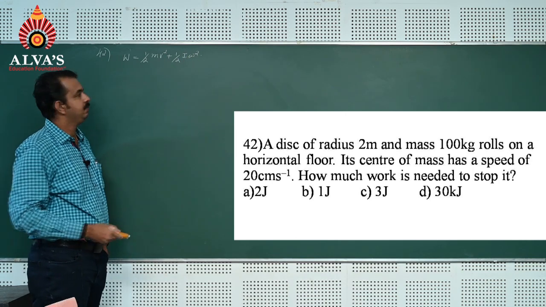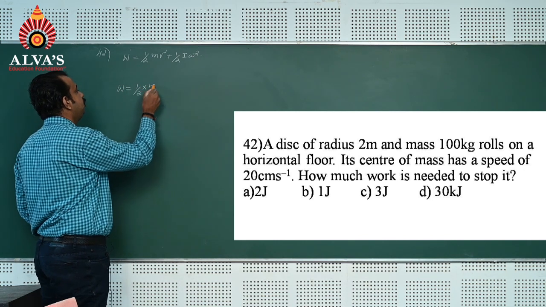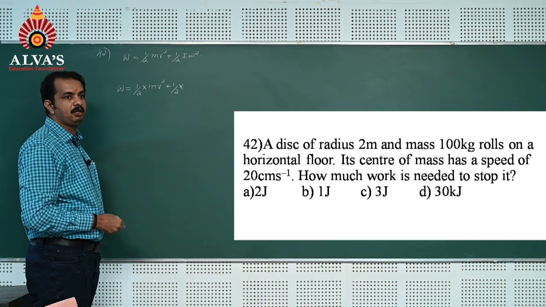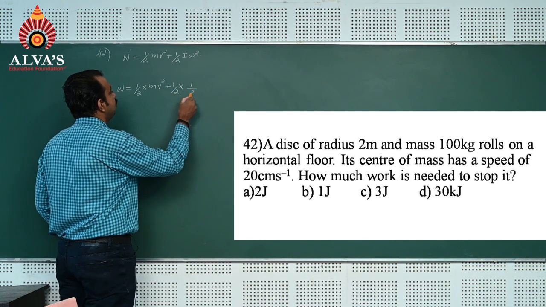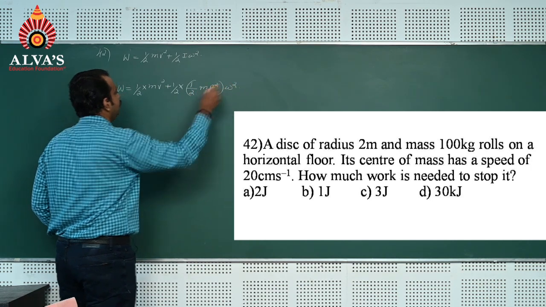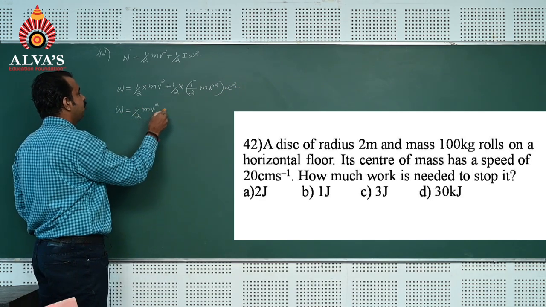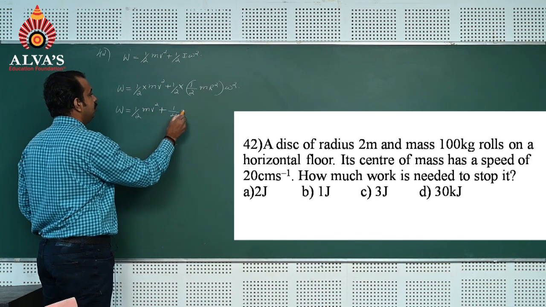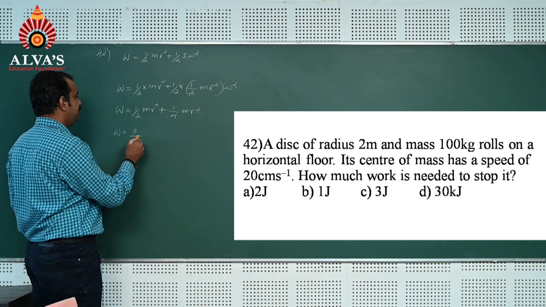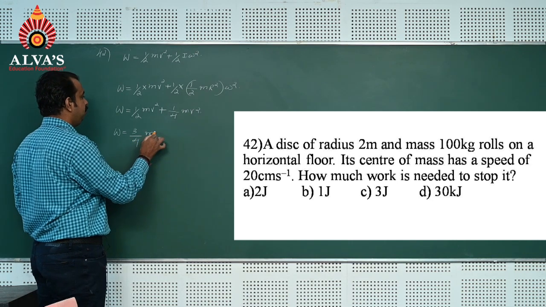This is the formula. Work W is equal to half into m into v square plus half into moment of inertia of circular disc, 1 by 2 m into r square, into omega square, which is W is equal to 1 by 2 mv square plus 1 by 4 mv square. So finally work required is 3 by 4 mv square.